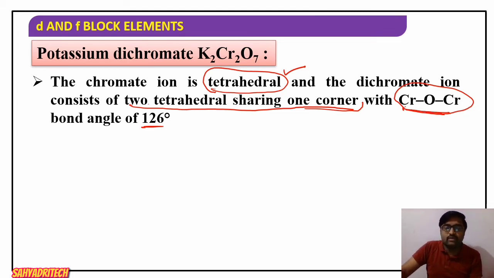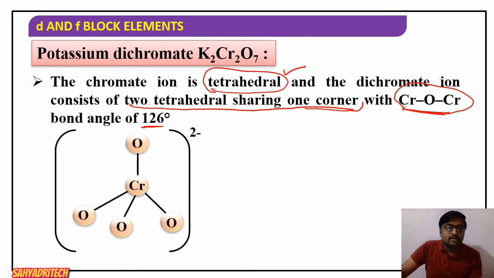When you look at the diagram of the chromate ion, chromium is present at the center of the tetrahedron, and four oxygen atoms occupy the four corners of the tetrahedral geometry. The net charge is 2 minus. So this is the tetrahedral geometry for chromate ion.